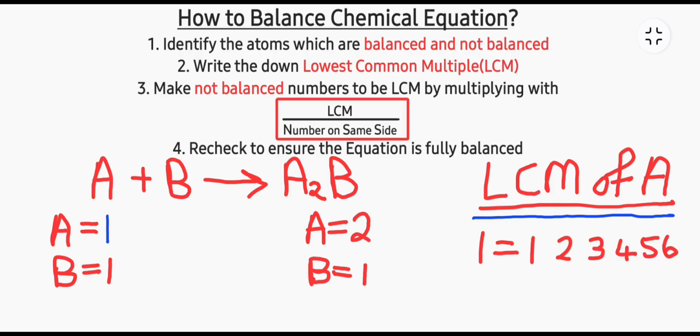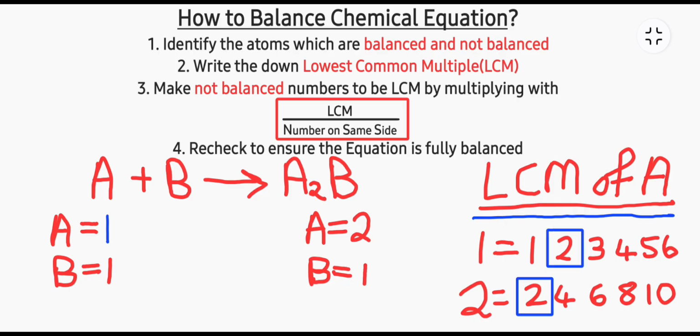And then the multiples of 2 are 2, 4, 6, 8, 10. Now what is the lowest common multiple between A 1 and A 2? The lowest one I see there is 2. So it means I actually have the LCM.